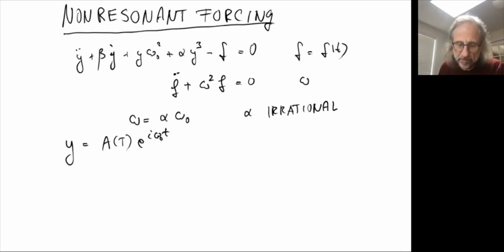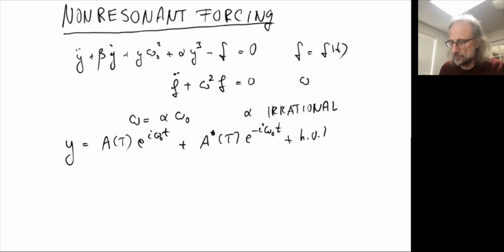We can talk about the damping later, when it comes to including it in this kind of analysis. We really should assume beta is small, but let's not worry about that right now. The main point is that we just expand y in this form. I've not put an epsilon there because we're not going to do it that explicitly. We're just looking at orders in A, so fine. And then of course we have the complex conjugate, e to the minus i omega naught t, plus higher order terms.